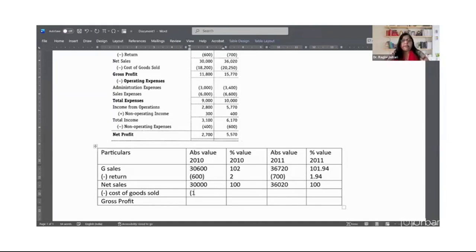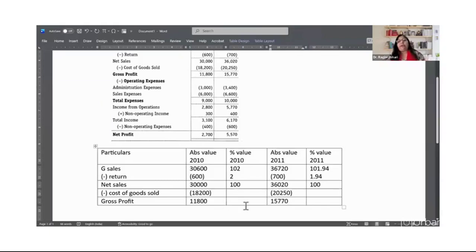Here this is 18,200, and the gross profit arrived as 11,800. Likewise, in this case, cost of goods sold is 20,250 and the gross profit arrived as 15,770.